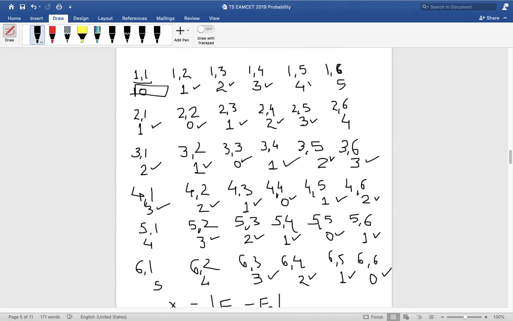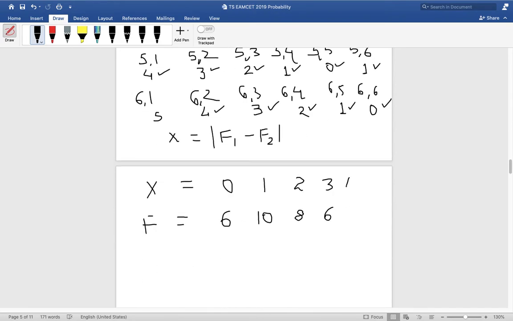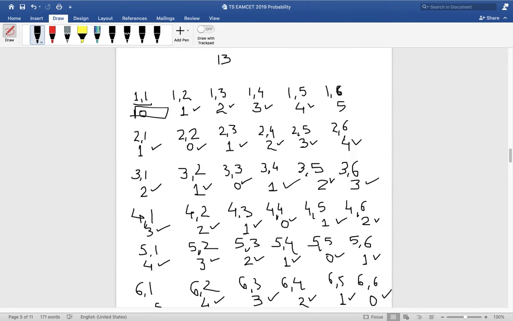Now look at 4. 1, 2, 3, 4. Look at 5. 1, where's 5 again? Where is it?